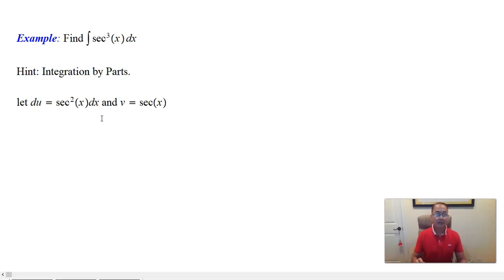Okay, so integration by parts formula. Remember, integral of u dv is u times v minus integral of v du. Okay, I may have switched the letters there, but that's okay, they are interchangeable.